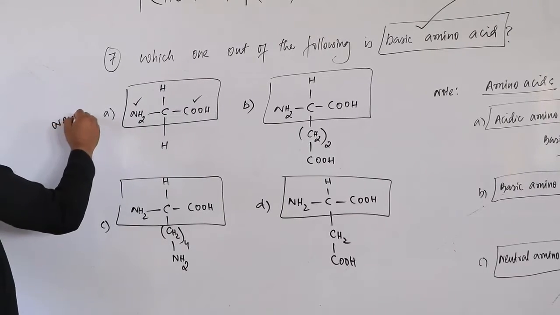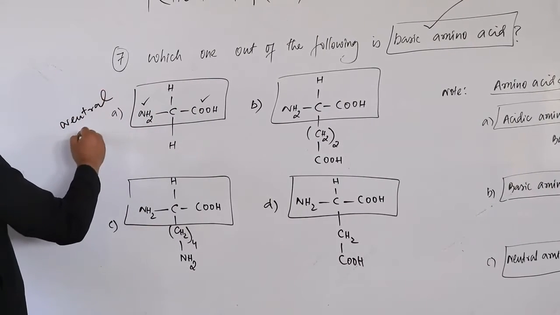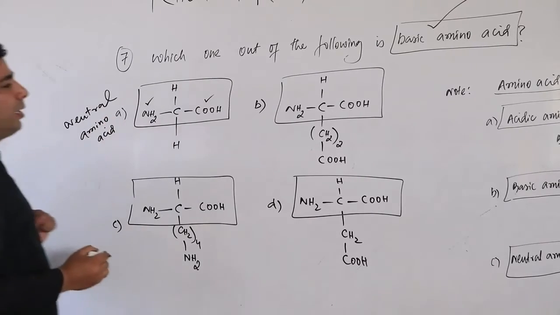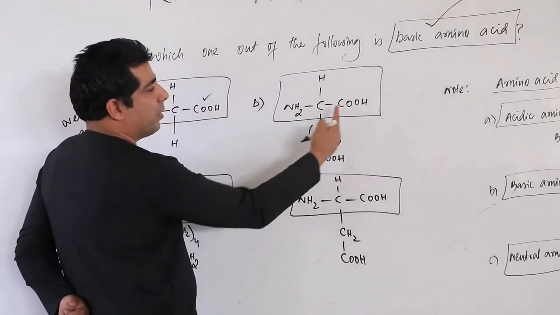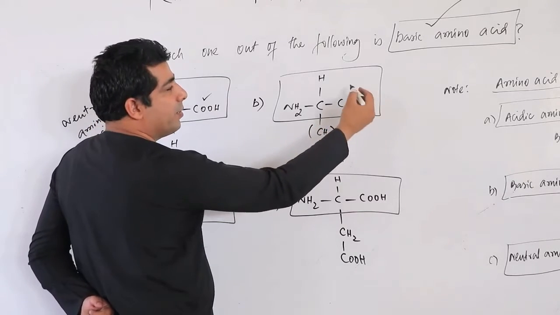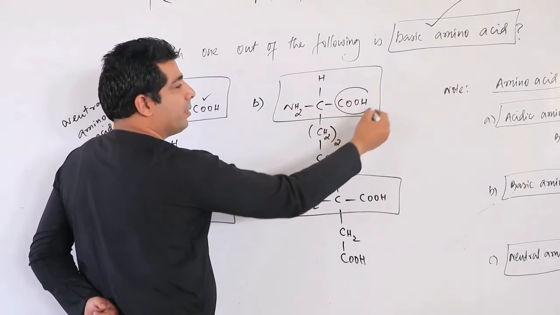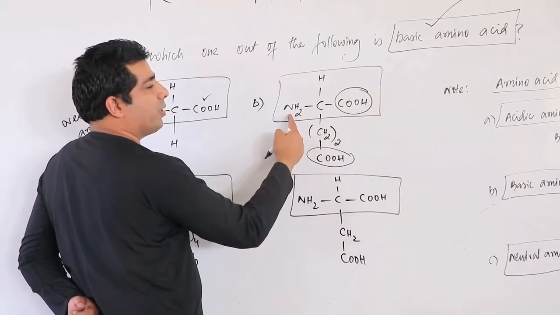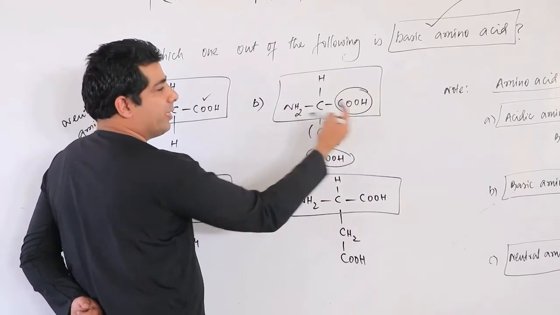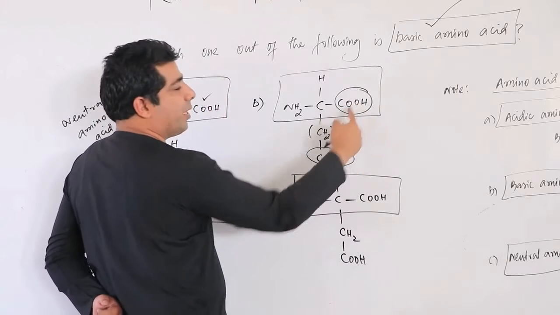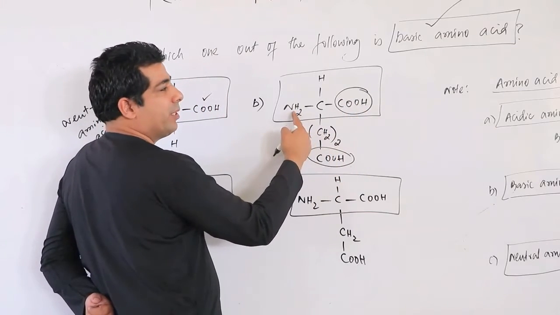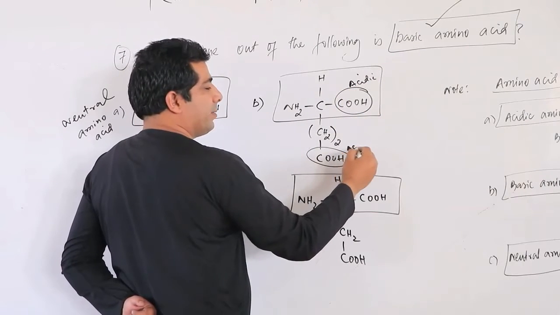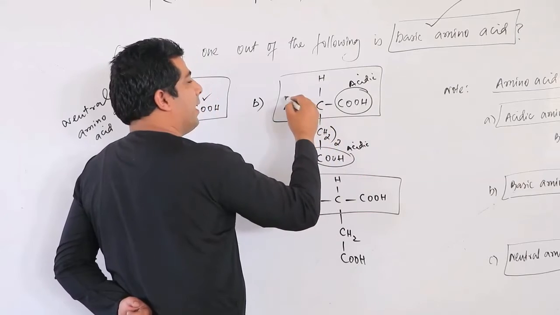So the first one is a neutral amino acid. Now look at the second one. Carboxylic groups are how many? You have one carboxylic group here and two carboxylic groups here, and the amino group is only 1. So in this case, carboxylic groups are more than basic groups, so this is acidic. And this one is basic.